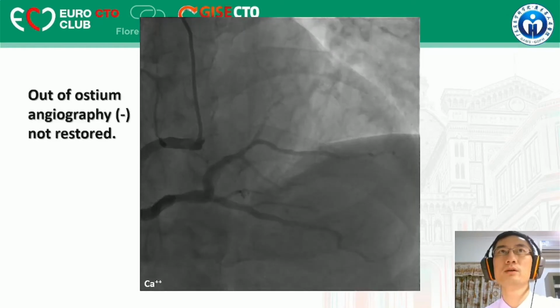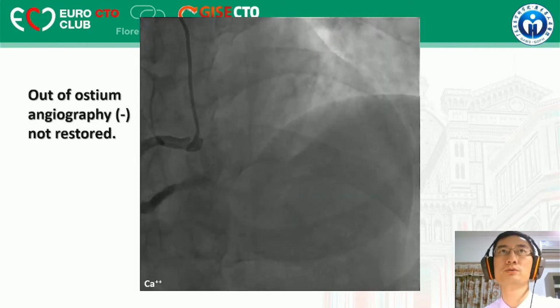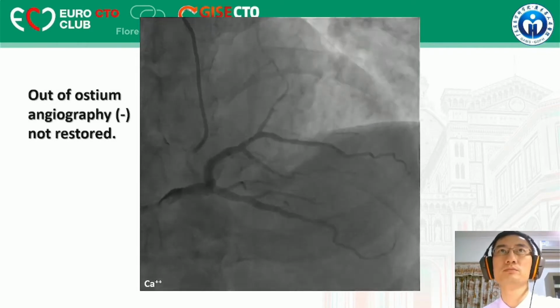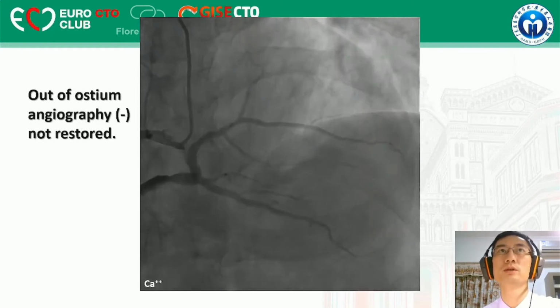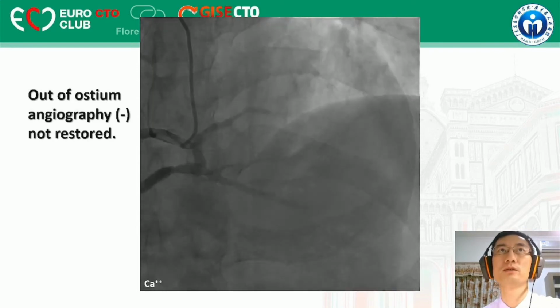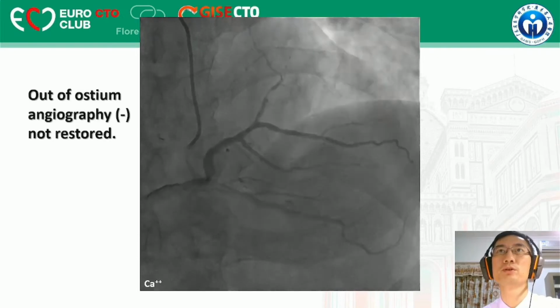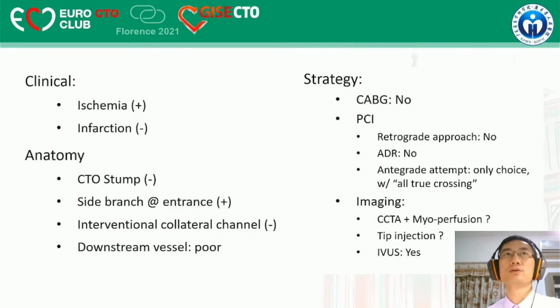We also pull up to exclude any independent epicardial collateral channel taking off beyond the ostium of the right coronary artery to perfuse the distal LAD, but there is nothing. So, what can I do for this case? I think the strategy left for me is only a good antegrade attempt.